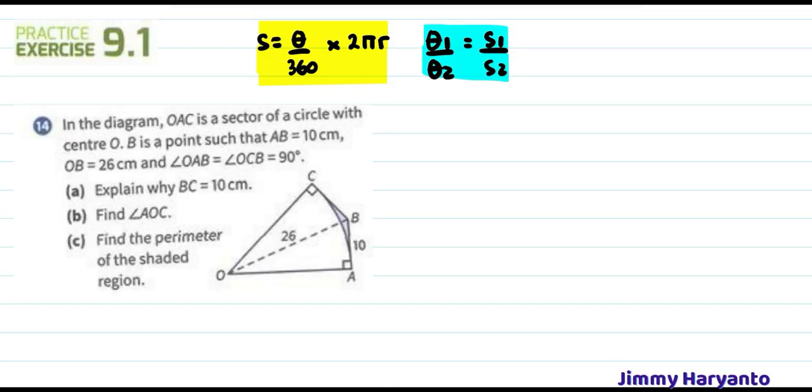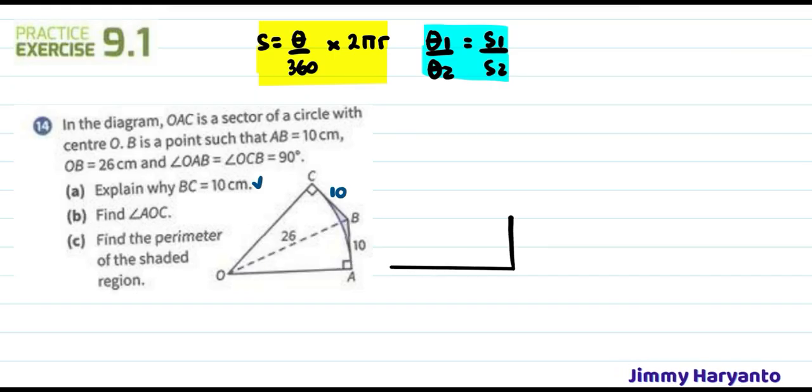Divide the angle equally. That means if this one is 10, this one will also be 10 because the angle is the same. So we already know that this one is 10 and we already answered the A. Find the angle of AOC. AOC. Okay, so first I will take out this triangle.